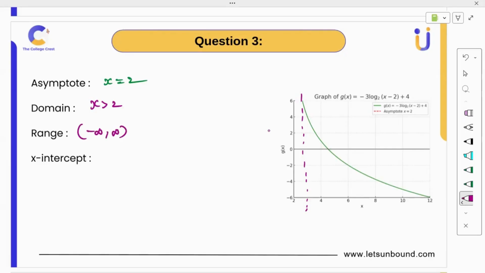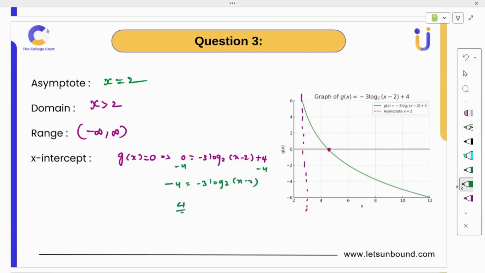The x-intercept, as it crosses somewhere here. So how can we find it exactly? Yes, we can do it algebraically. You write the function g of x equal to 0. So you get 0 equal to negative 3 log 2 of x minus 2, plus 4. I'm subtracting 4 on both sides. Negative 4 equal to negative 3 log 2 of x minus 2.